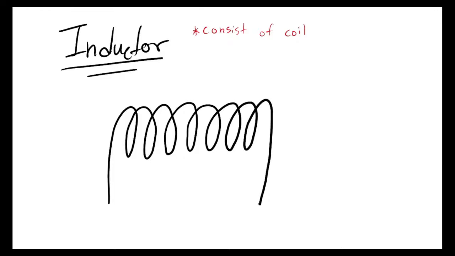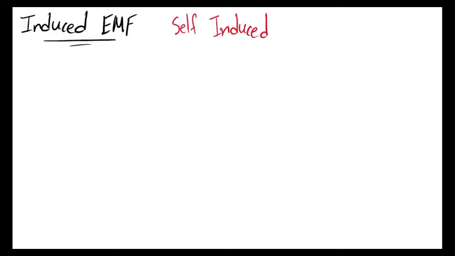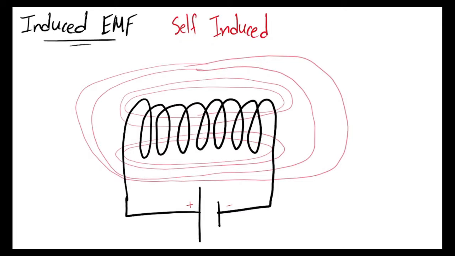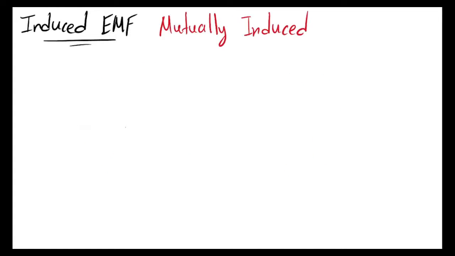The energy can be produced on its own with a power source, which is known as self-induced EMF, or from another coil that is being induced, which is called mutually induced EMF. We will focus more on mutually induced EMF.